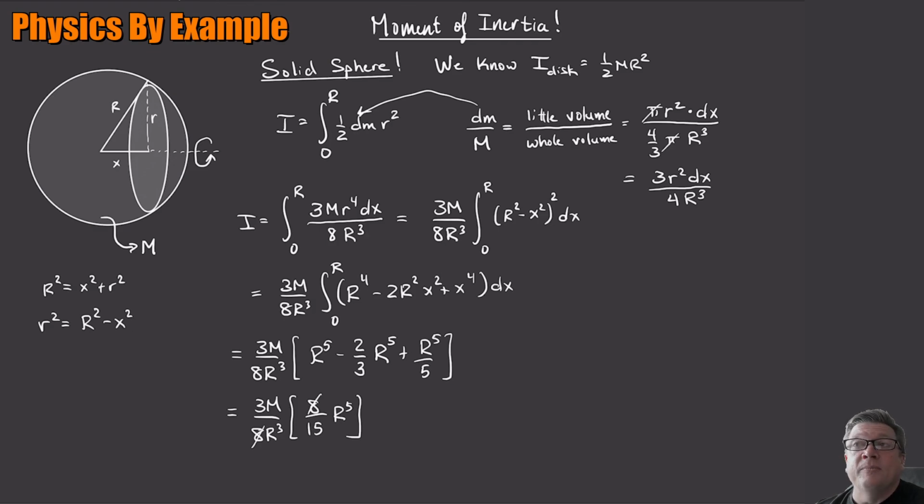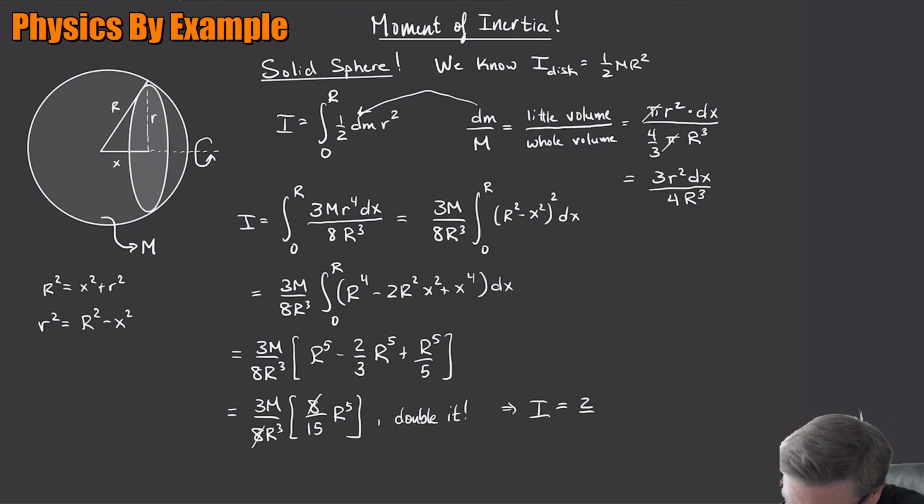This is going from the center out to the right, right? Well, all we have to do is double it to get the whole sphere. I've only done half the sphere. So if I want the whole sphere, I just double it. So that means that for the solid sphere, I had 1/5. If I double it, I'm going to get 2/5. So this is just going to be 2/5 mr squared.